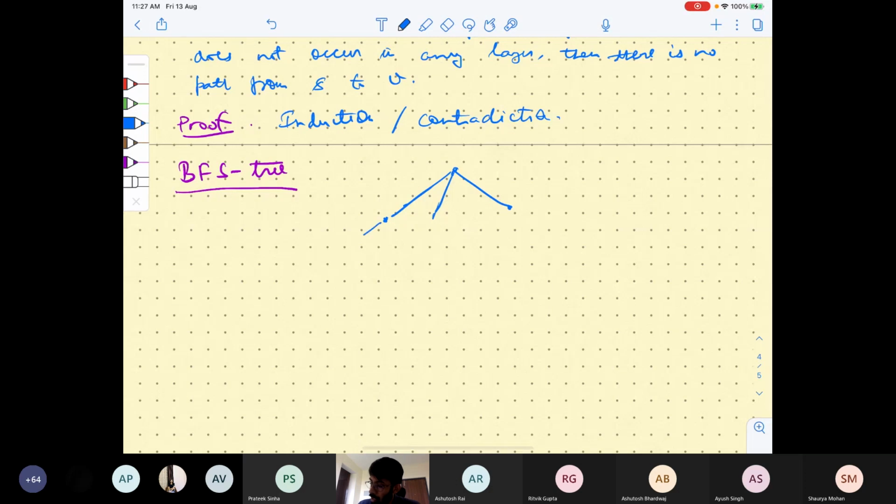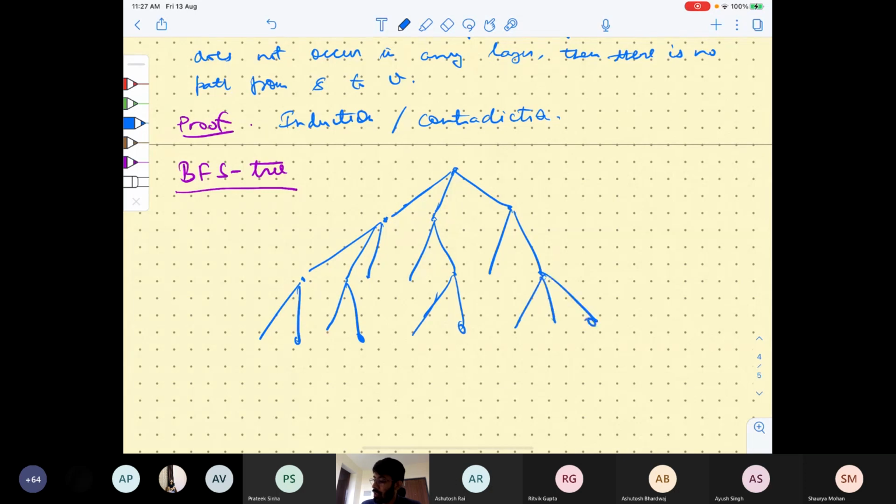Then you look at their neighbors, and that becomes another layer. Then you look at their neighbors. Suppose there is no neighbor for this one, and so on. Something like this. So this is layer 1, this is layer 2, this is layer 3, this is layer 4, and so on.